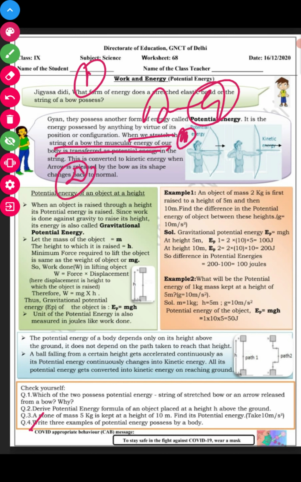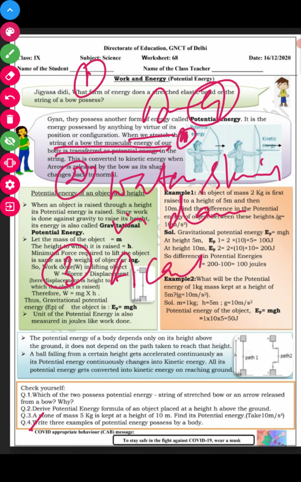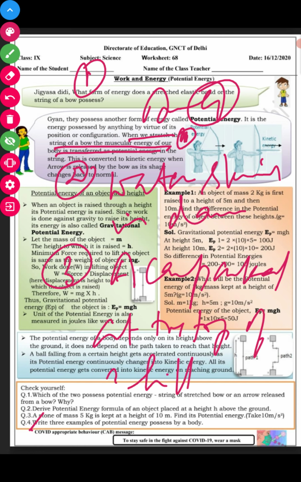Second, you can take the example of water stored in a dam. Third example, a car parked at the top of a hill.